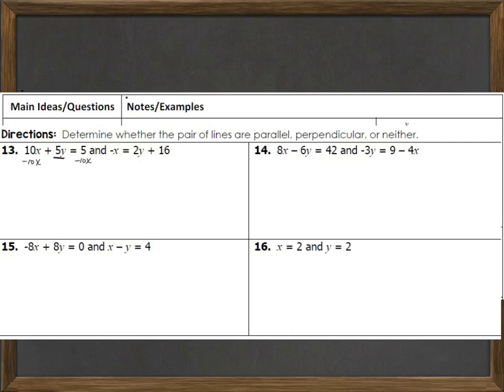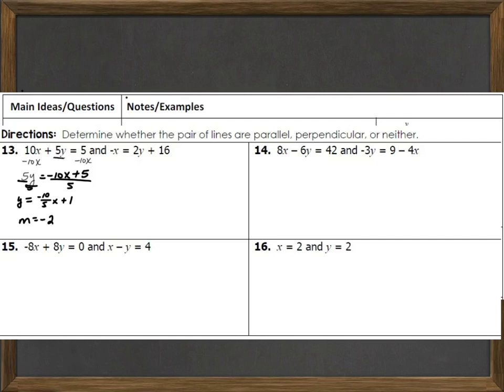So you're left with 5y equals negative 10x plus 5. Then you're going to divide by 5. So y equals negative 10 over 5x plus 1. So slope is going to be negative 10 over 5, which is negative 2.